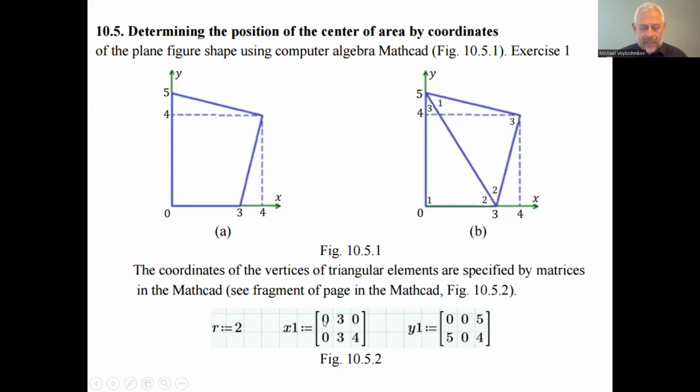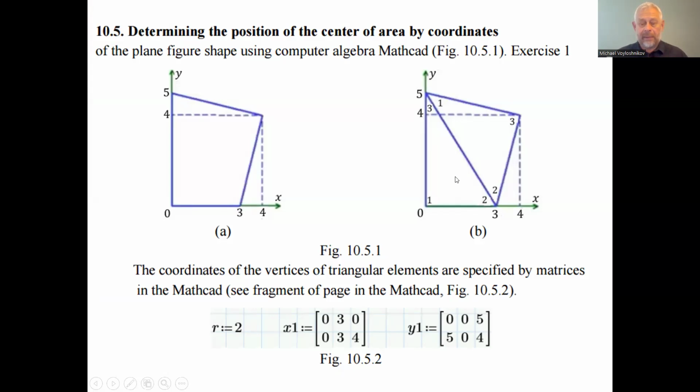In the first row we have the abscissas of the vertices of the first triangle. The second row is the abscissas of the vertices of the second triangle. For the first triangle, we can see vertex number 1 has x equal to 0. For vertex number 2, the abscissa is equal to 3. These are the sizes in the coordinate system of this quadrangular figure.